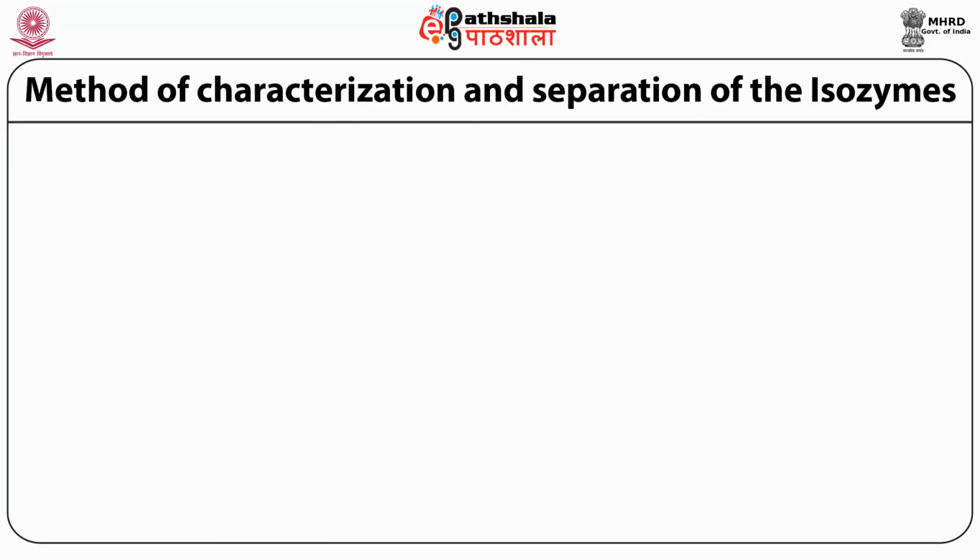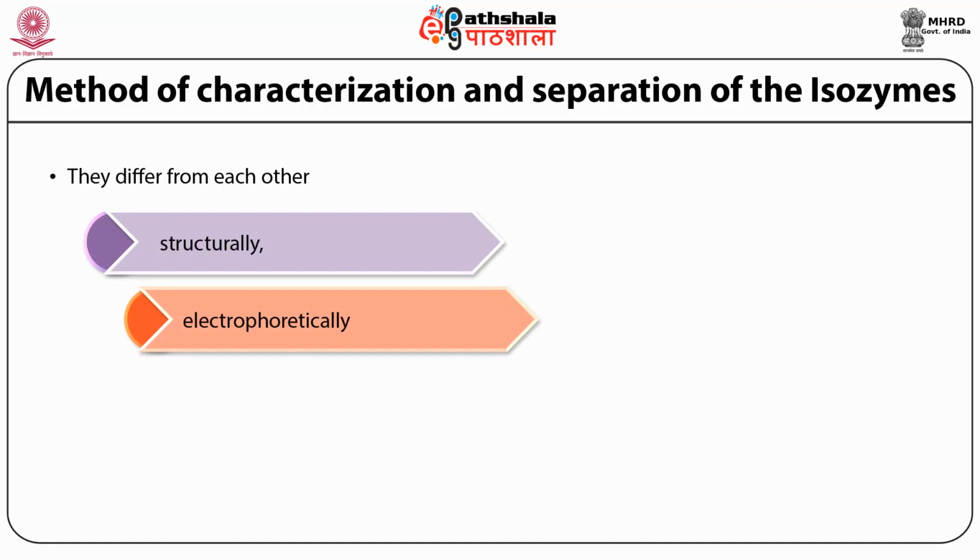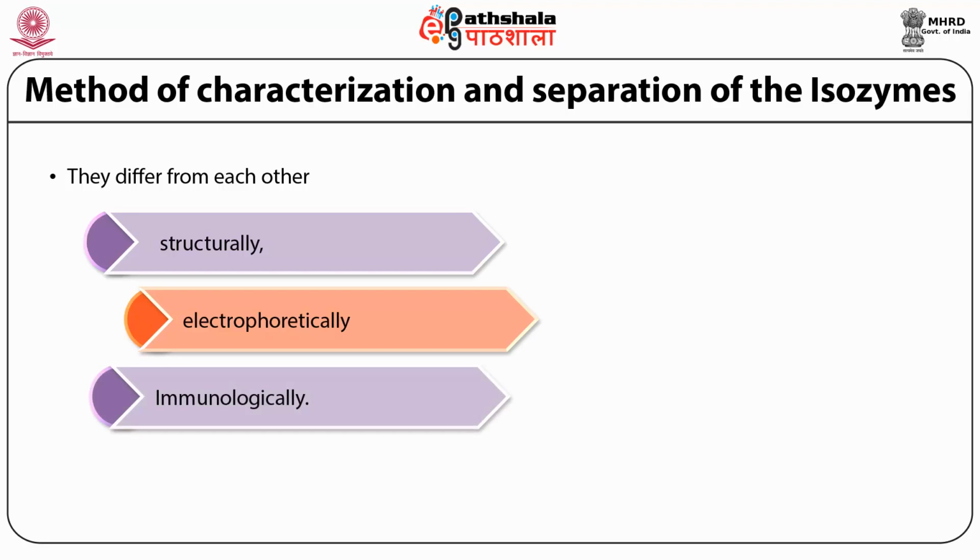What are the methods that are used to characterize or separate isozymes? When you want to study isozymes, it is very important to know the methods which characterize and separate isozymes. As you know, isozymes differ from each other in structure, in electrophoretic mobility, and also in immunological activity.